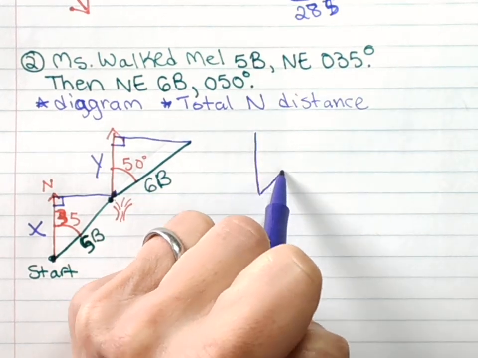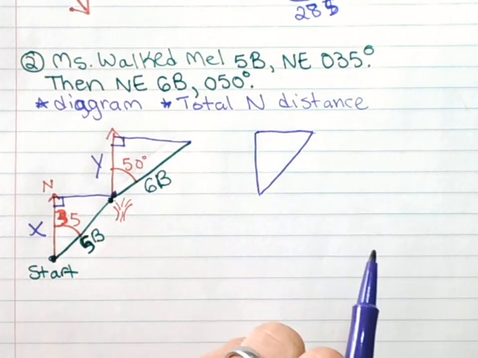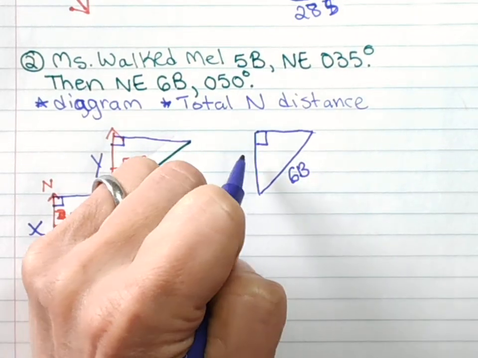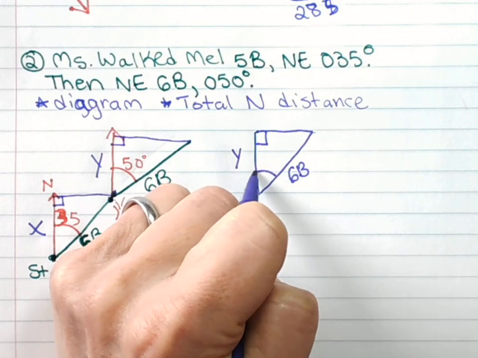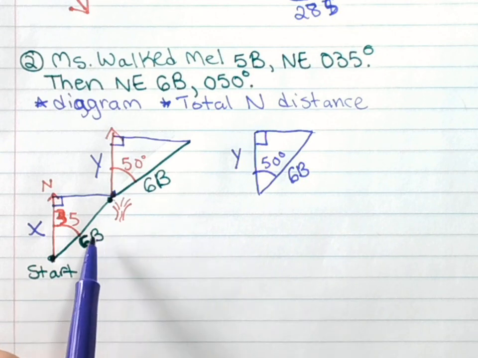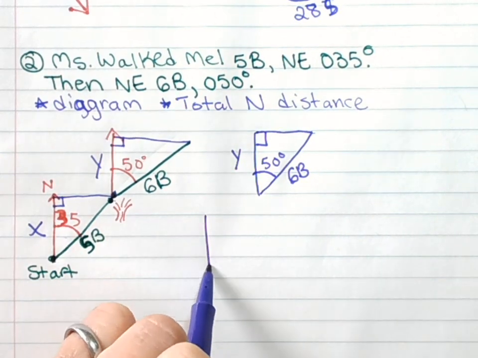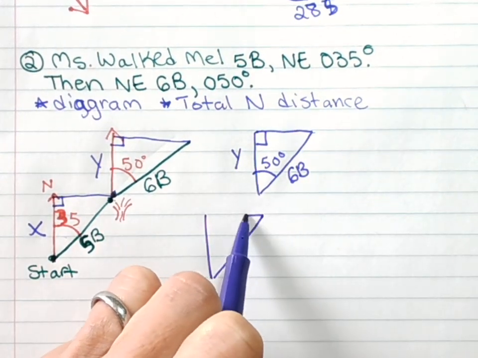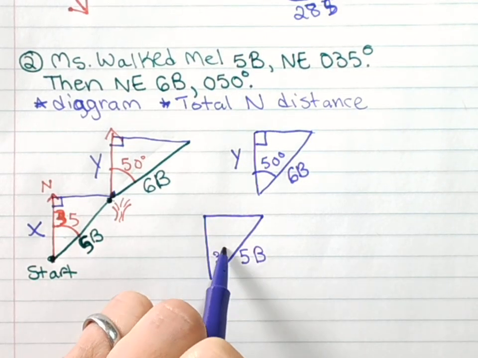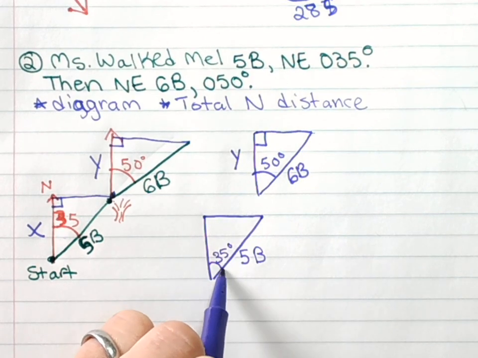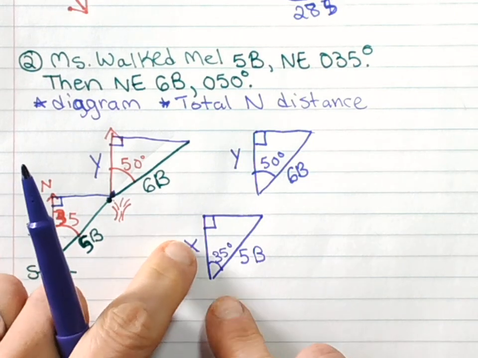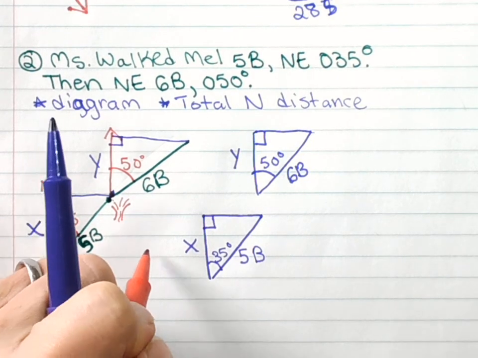So if we drew the triangles separate from the figure, you do not need to do this, but it might help you to see the relationships. We need the distance of y in this triangle. The triangle with the 35 degrees is similar. It's a right angle, but this is 35 degrees. And then this distance is x. So notice this is the adjacent side.